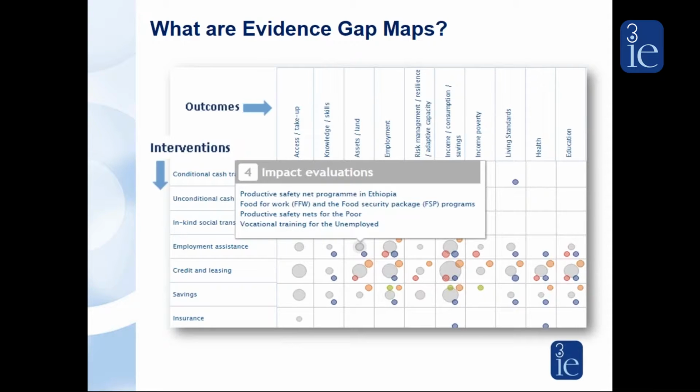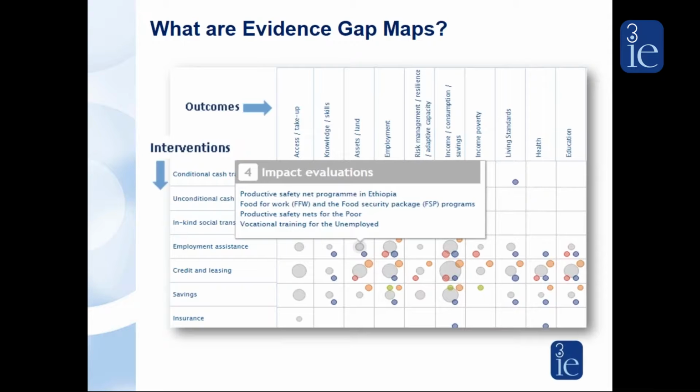The colors of the bubbles for the systematic reviews indicate the confidence that we have in the findings of the reviews based on our appraisal of the methods used to conduct the review. So red indicates low confidence, orange is medium confidence, green is high confidence, and blue is protocols.